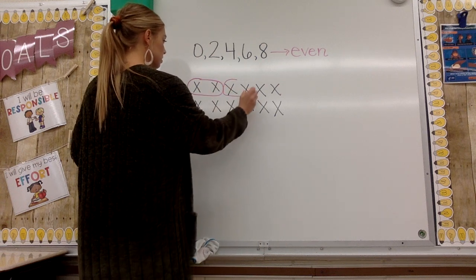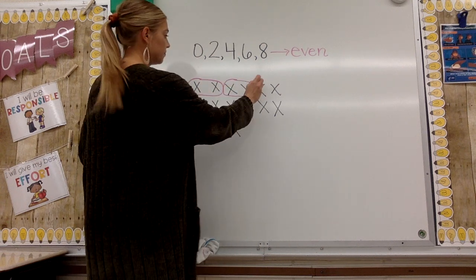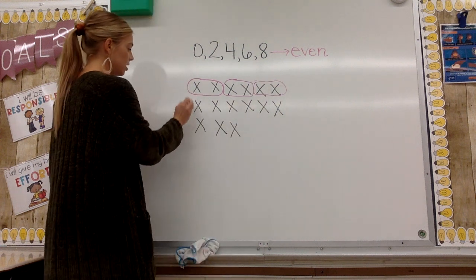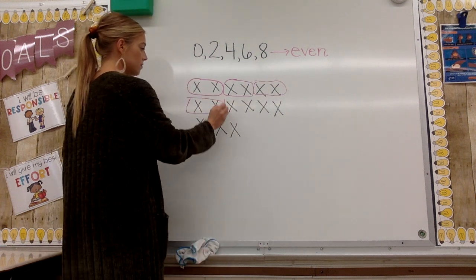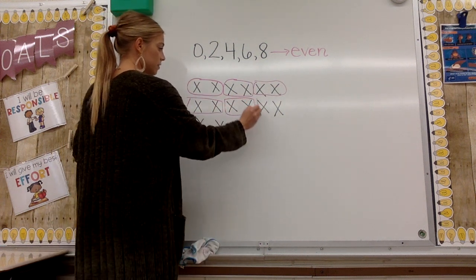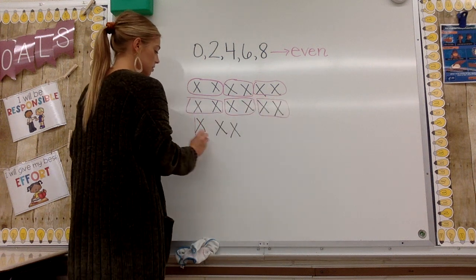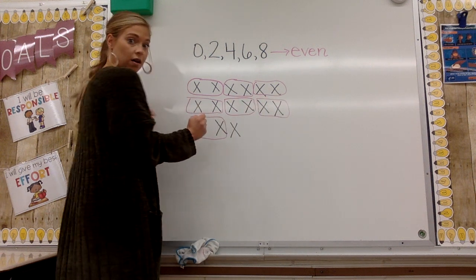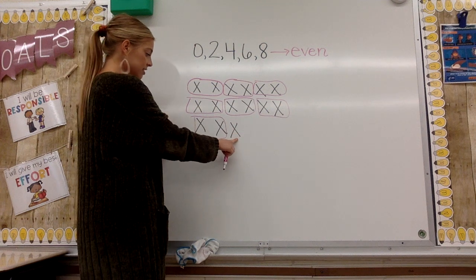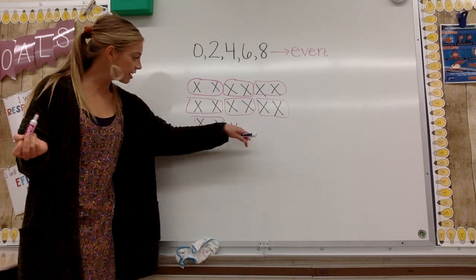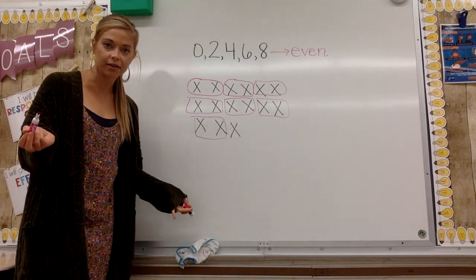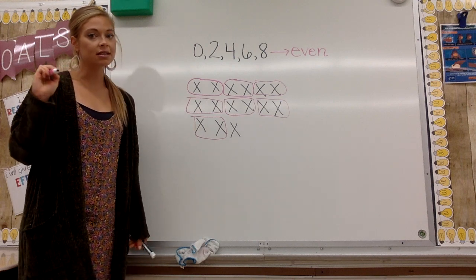There's 1, 2, 3, 4, 5, 6, 7. Oh no! There's an x that's left all alone. We don't have any x to pair it up with. It's by itself. So you know what that means?